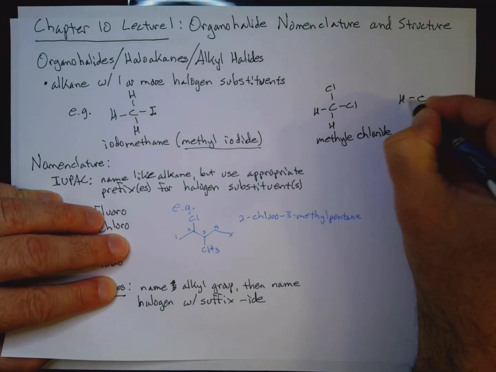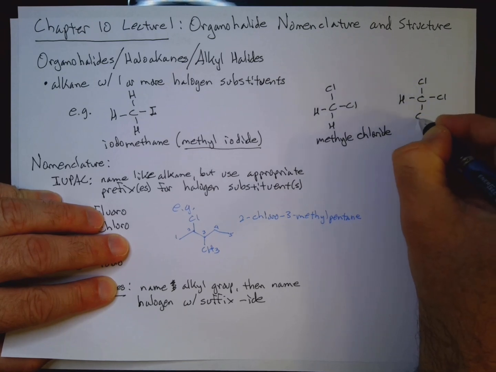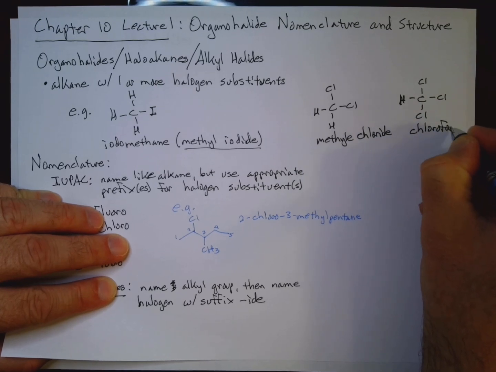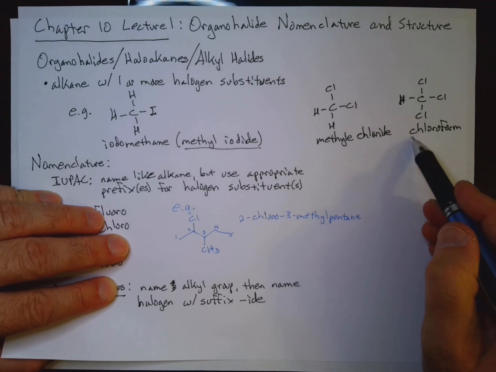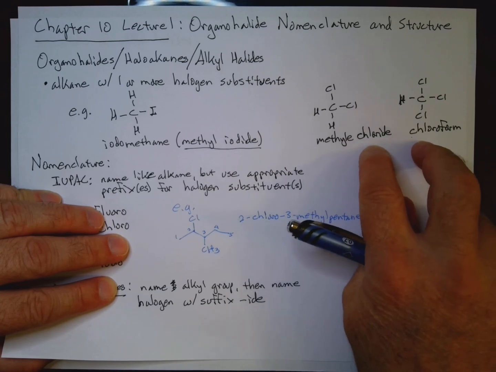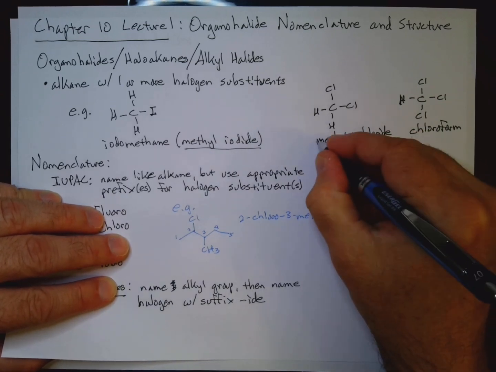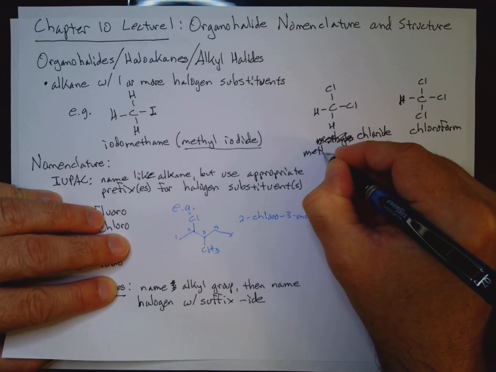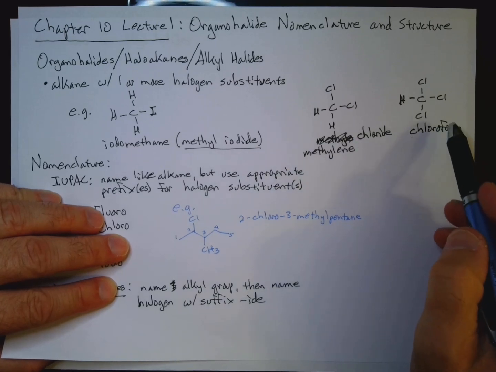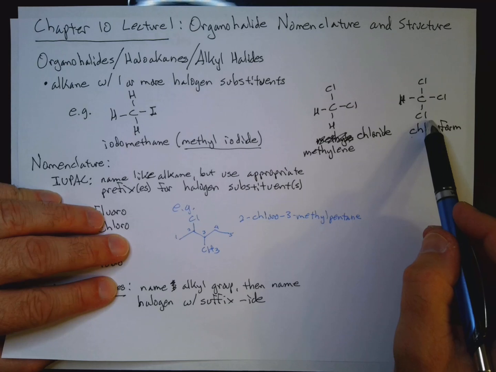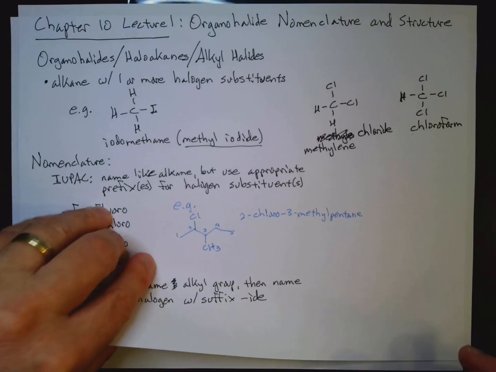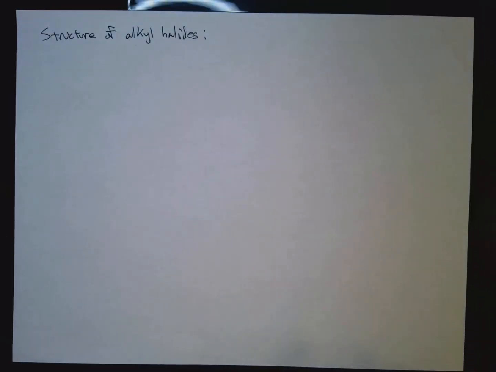And trichloromethane is called chloroform. With 3 bromines, it would be bromoform. 3 iodines would be iodoform. These are a different type of common name that you may run across. But again, we typically use the common names for the simpler alkyl halides.